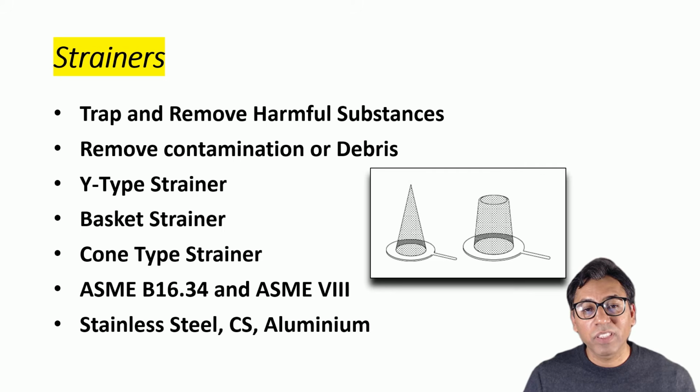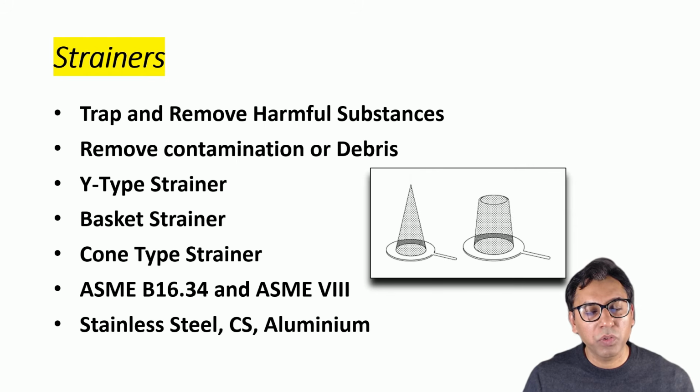Some are temporary strainers as well, which we use when we first start the plant and during commissioning. The most common standard for strainer design is ASME B16.34 or sometimes ASME Section 8. They have different materials, but commonly stainless steel, carbon steel, and for mesh we normally use aluminium.